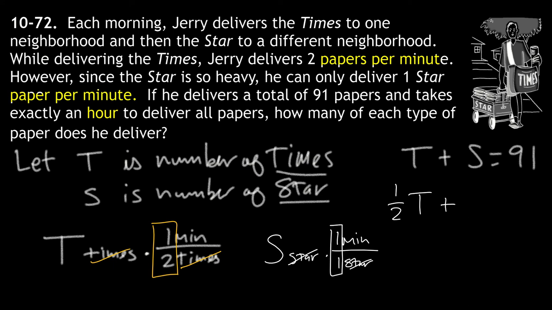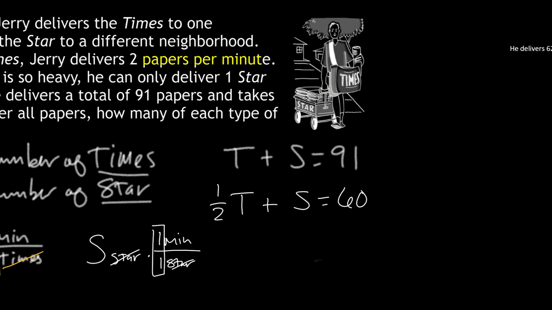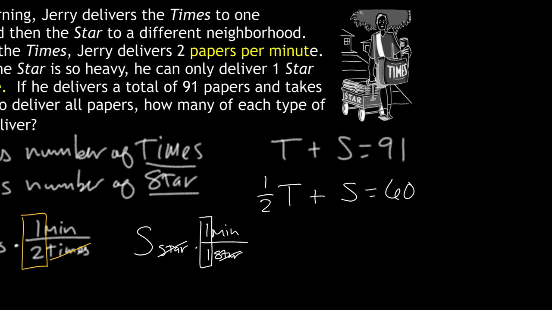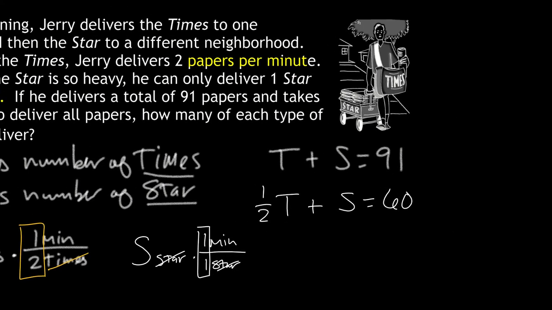So 1/2 T is the minutes it takes to deliver the Times, and S is the number of minutes it takes to deliver the Star, and that equals 60 minutes in total.